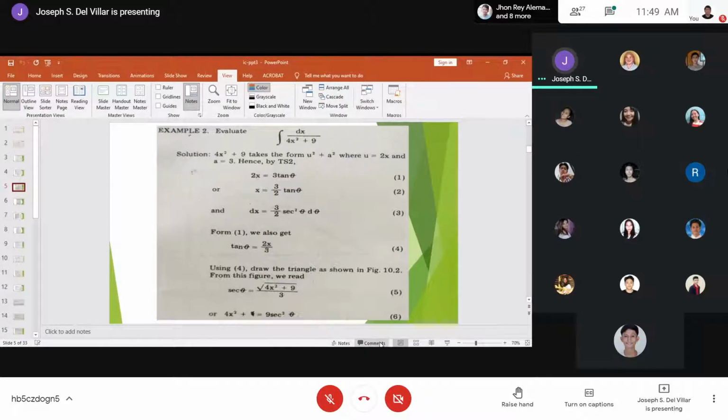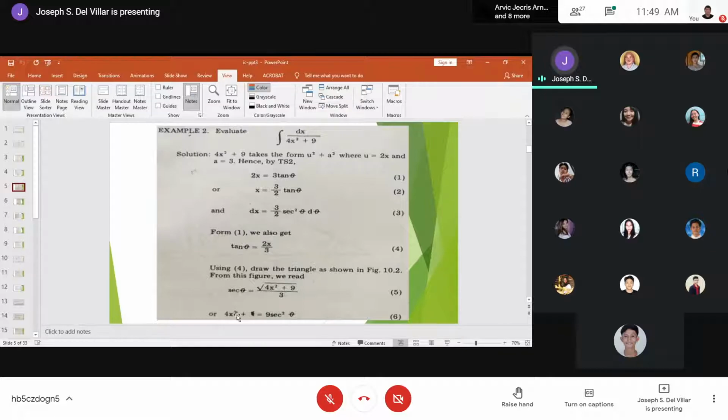Now, why did we get secant here? Because for the tangent, when we differentiate, we take the differential of both sides. We know the differential of tangent is secant squared. Find a way wherein you can express secant.